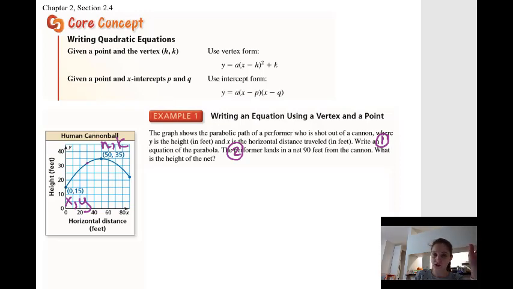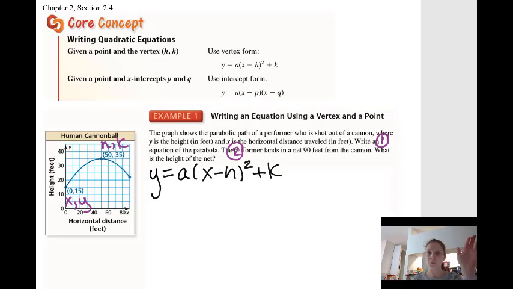No, use the information that they showed you. Don't make another point. So the formula is vertex form, y equals a times x minus h squared plus k. And we'll plug in our x, our y, our h, our k, and we will use that information to solve for a.